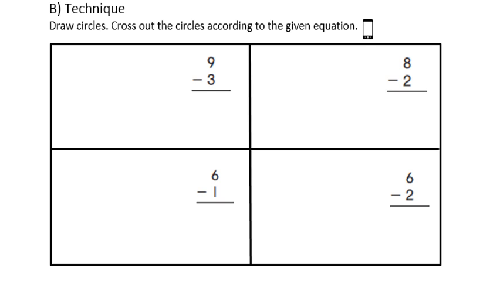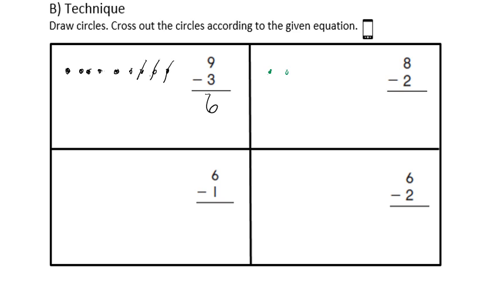Part B technique. Draw circles, cross out the circles according to the given equation. So my first equation is what? 9 minus 3. So I must draw 9 circles, and cross out how many? 3. And I count my remaining circles. So 1, 2, 3, 4, 5, 6. Let's do the next one. Let's change the colors to be fancy.